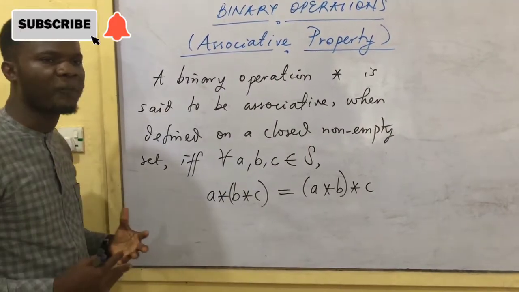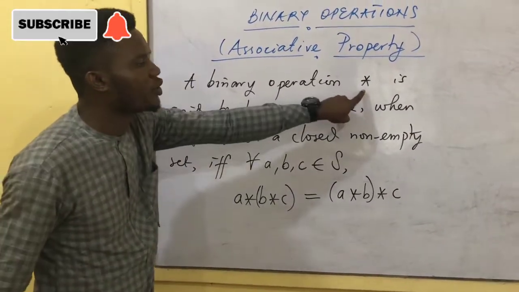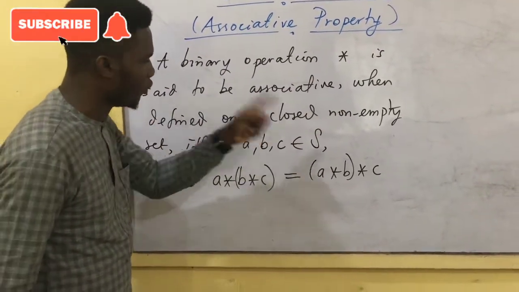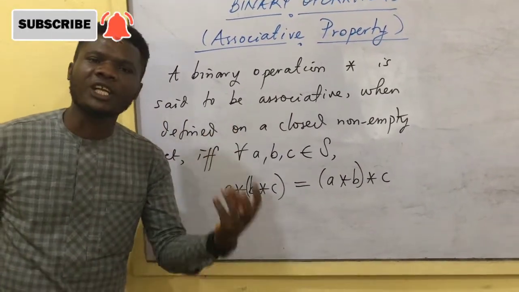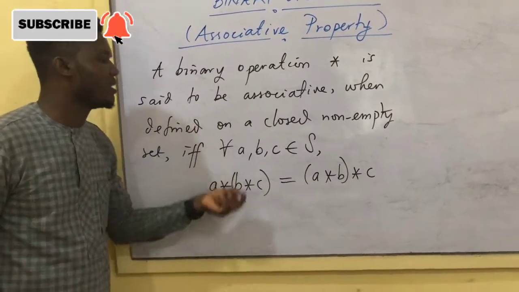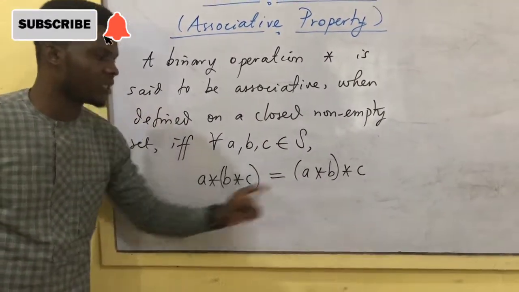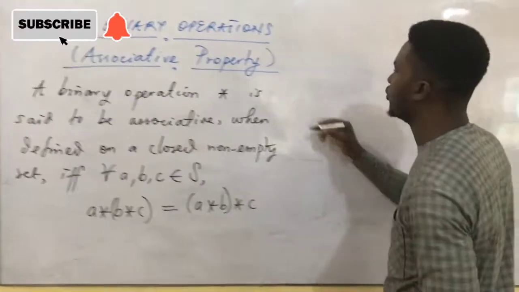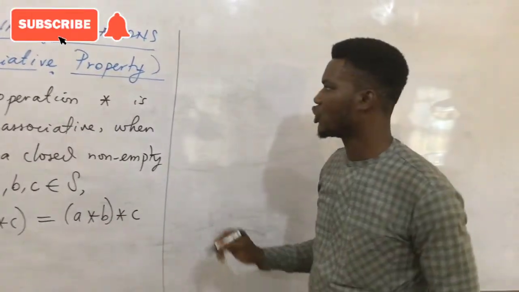So the associative property for a binary operation tells us that when a binary operation asterisk that is defined on a non-empty set that is closed is associative, then any three randomly selected elements from the non-empty set S will obey this condition. Now, let's take an example to show you how to test if a binary operation is associative.